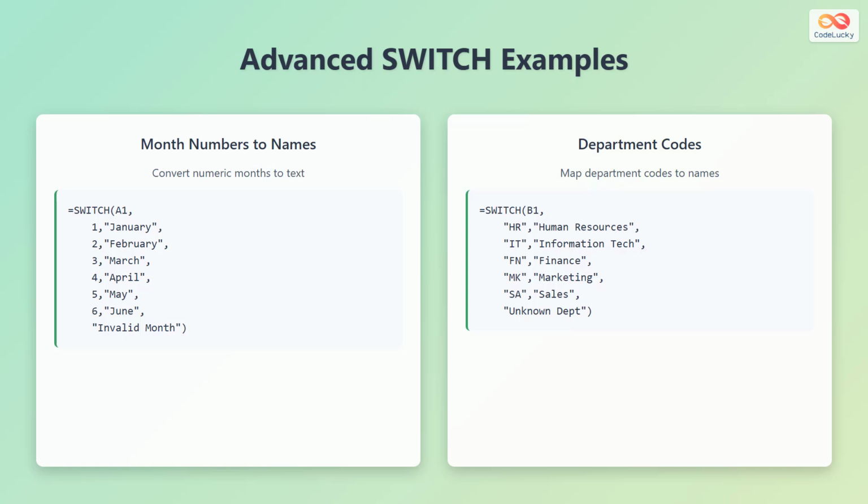The second example demonstrates mapping department codes to department names. If cell B1 contains HR, the formula returns "Human Resources". If it contains IT, it returns "Information Technology", and so on. If the value in cell B1 doesn't match any of the defined department codes, it returns "Unknown Department". These examples illustrate the flexibility and usefulness of the switch function in various scenarios.